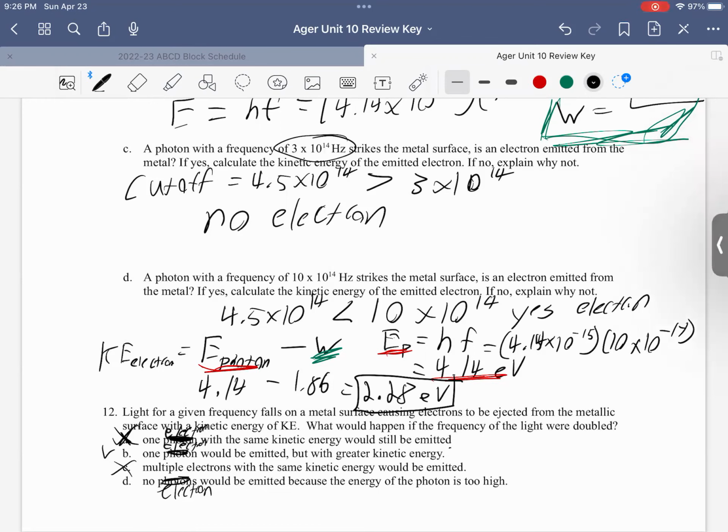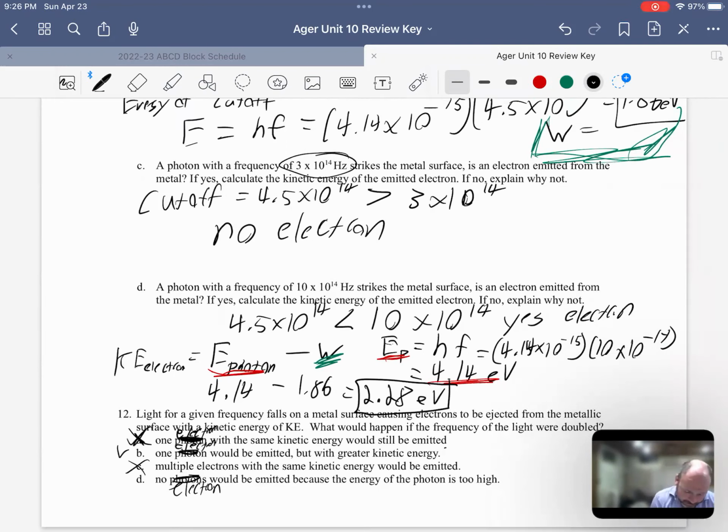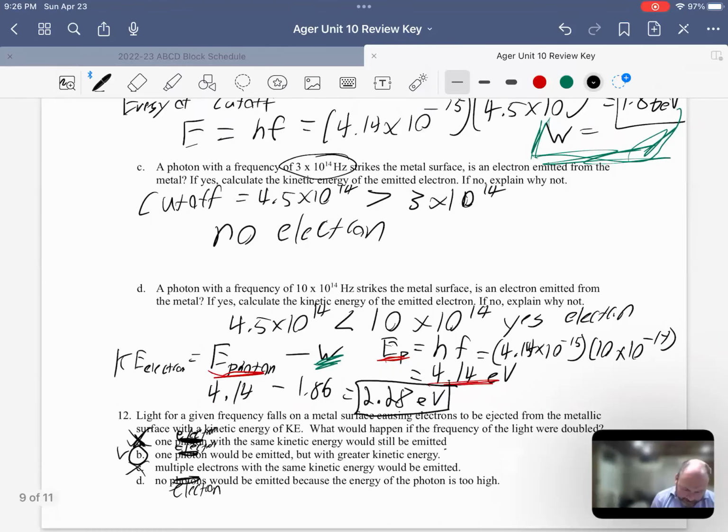That's the whole idea of this particle nature of light, is that one particle interacts with one particle. So the photon interacts with one electron. So C is definitely not true. And then no electron. Well, no, if it's a higher energy photon, it's still going to emit that electron. So sure enough, B is our best choice there.